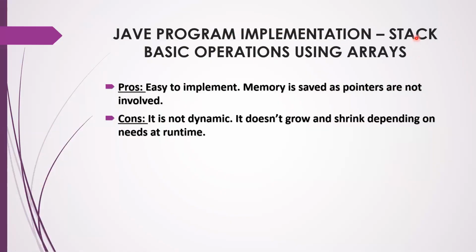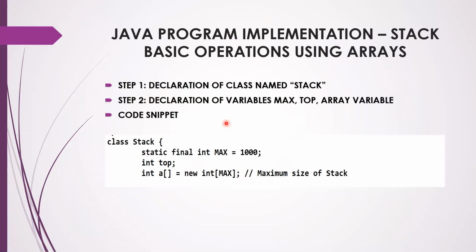So the implementation of stack operation using array has some advantages and disadvantages. If you see the advantage, it is easy to implement and memory is saved as pointers are not involved. But the disadvantage is that it is not dynamic, because as you see here, we have declared max is equal to 1000.